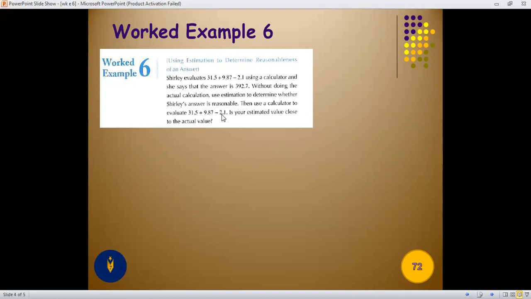Shirley एक girl है, according to her, when she solved 31.5 plus 9.87 minus 2.1 using a calculator, जब उसने calculator में ये values put की तो उसने कहा कि जो answer आ रहा है वो 392.7 है. ठीक है, अब हमने ये बताना है कि ये आंसर सही है या नहीं है, और कब बताना है, when we estimated over these three values. जब उनका आंसर आ जाए उससे मैच करके बताना है whether Shirley answer is reasonable, correct or not. Then we have to use a calculator to evaluate actual values 31.5 plus 9.87 minus 2.1. Then we have to decide whether our estimated value is close to actual one or not.